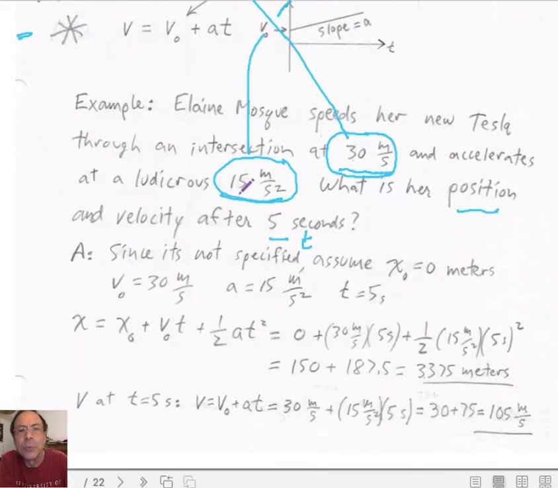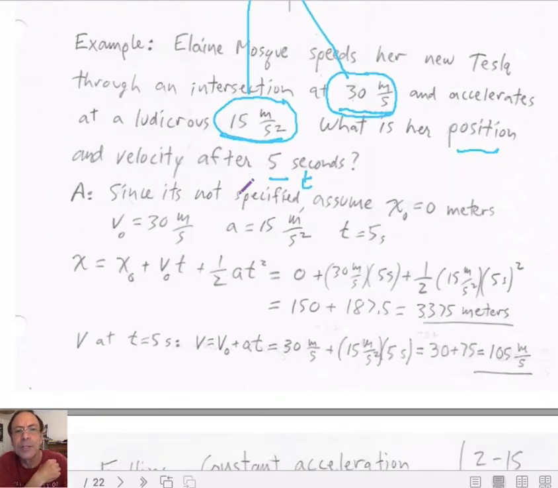So we're going to assume that x0, the initial position, is 0 meters. And then okay, so here we've done this first step. We've written down the pieces of information. We've matched them up. So now we plug in.